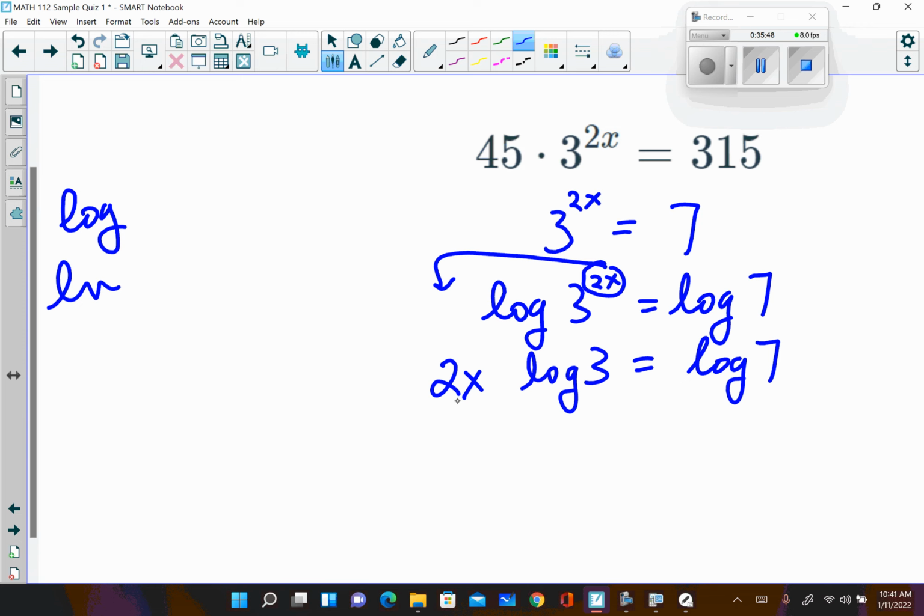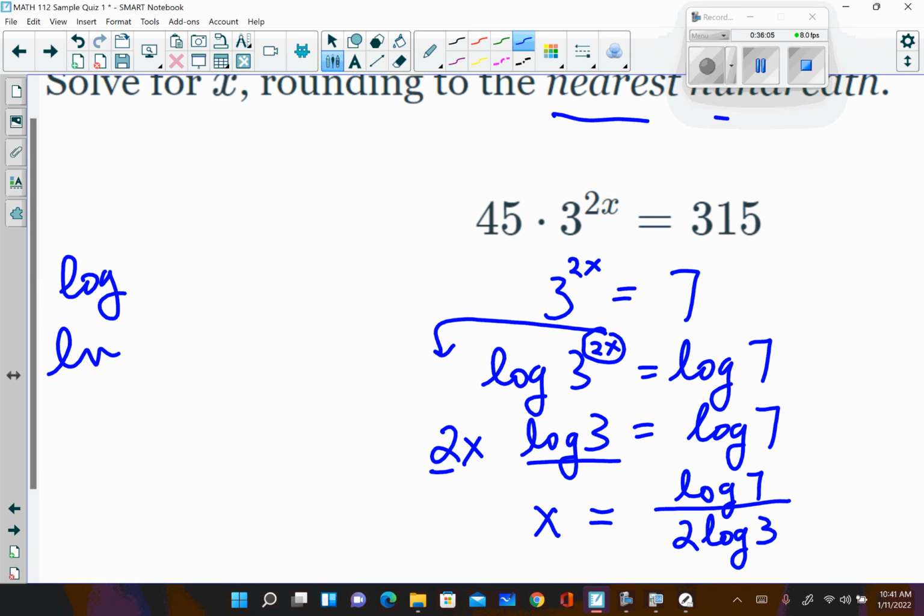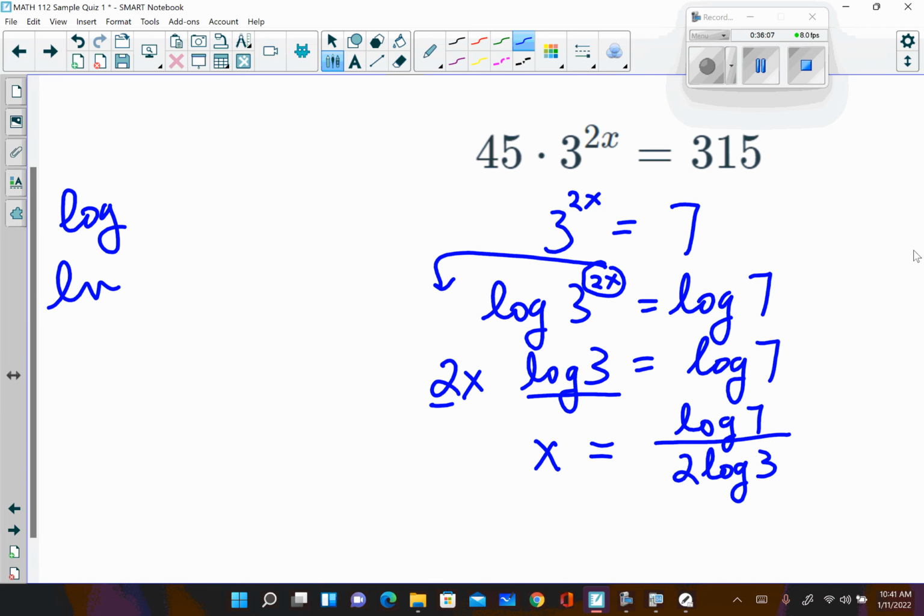Now I'm going to divide both sides by 2 log 3. So x all by itself equals the right side, log 7, divided by 2 log 3, because I'm getting x by itself. To get the answer to the nearest hundredth, I type in log 7 divided by 2 log 3.